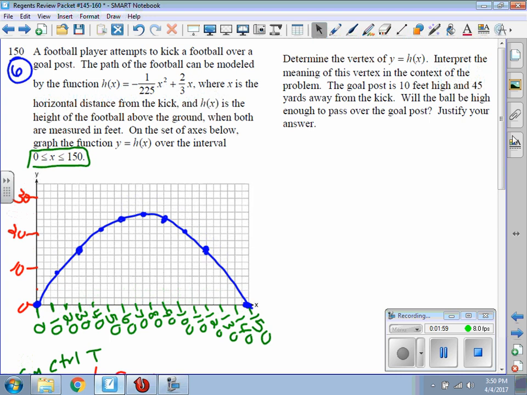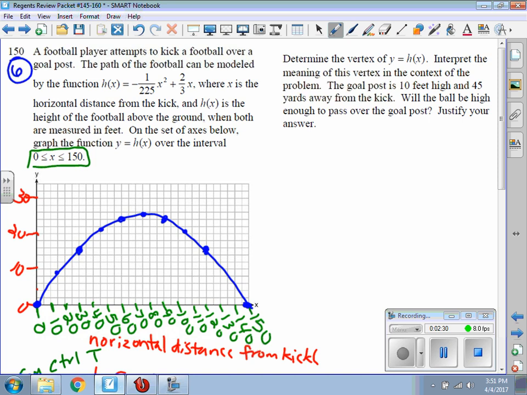So the next thing I'm going to do is label my axes, and then worry about what else the question wants me to do. It says where x is the horizontal distance from the kick. So down here along the x-axis, I'm going to write horizontal distance from kick, and that is measured in feet.